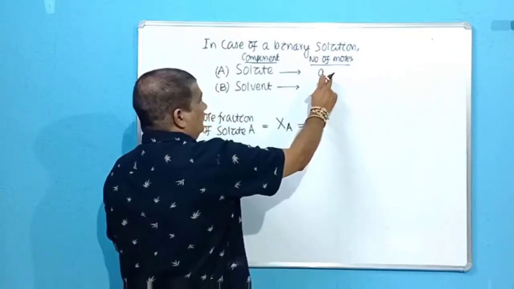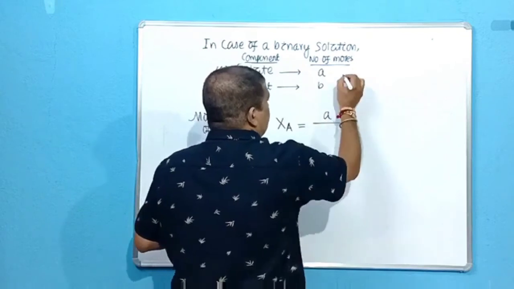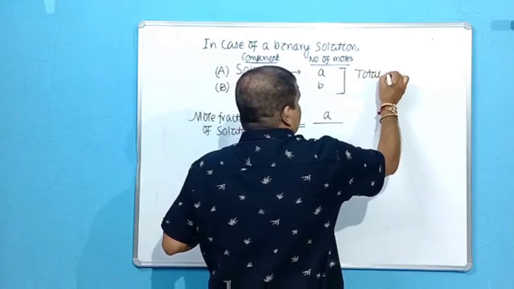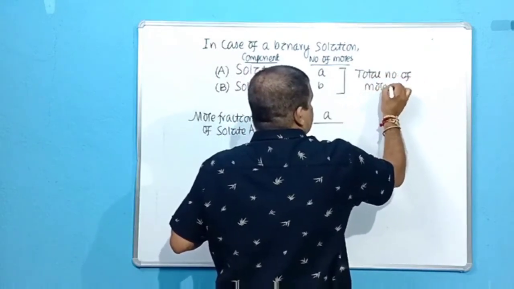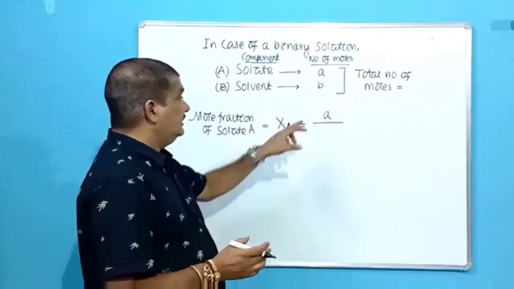What will I say? Now, moles of solute is A. What is the total number of moles present in the solution? Now, solute plus solvent gives you the solution.